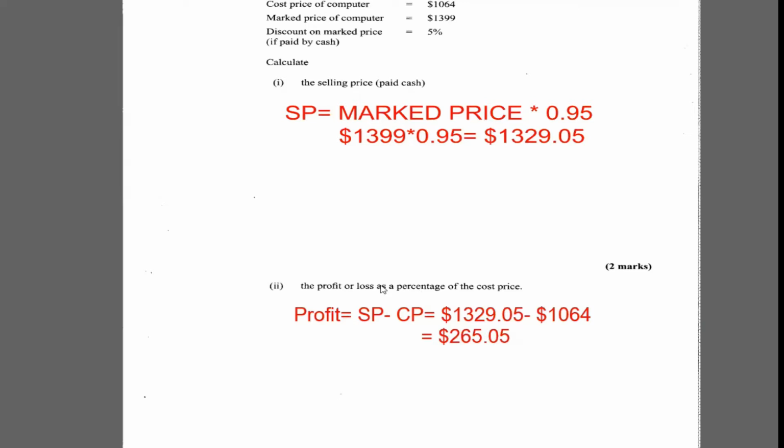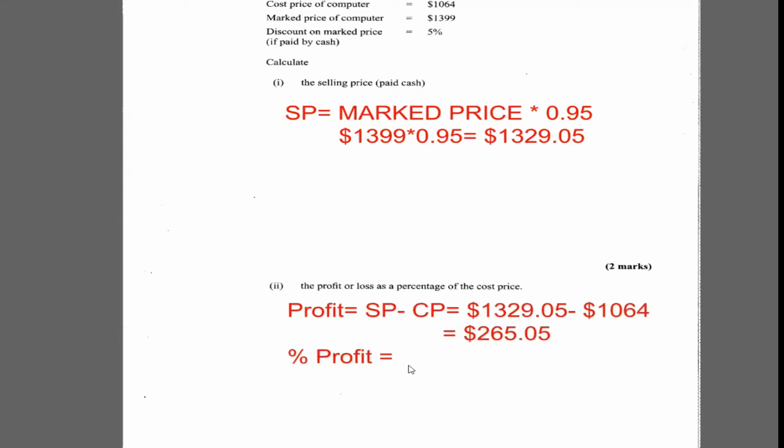But the question wants the profit as a percentage of the cost price. So we're going to write down percentage profit. The percentage profit is equal to the profit divided by the cost price multiplied by 100. That's how we find percentage profit.